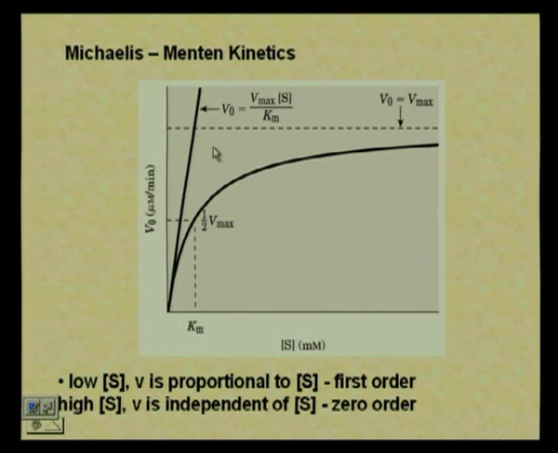Initially you have first order kinetics at low substrate concentrations, where V is proportional to S. Okay? And what is Km? This is Vmax, this is half of Vmax, this is Km. It is the substrate concentration at which half the maximum velocity is reached.